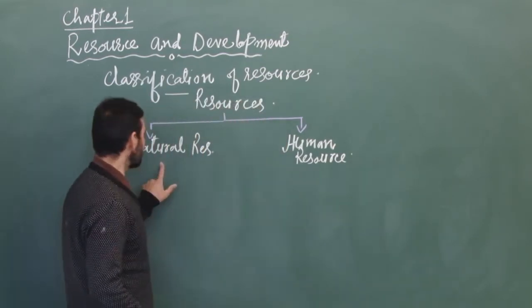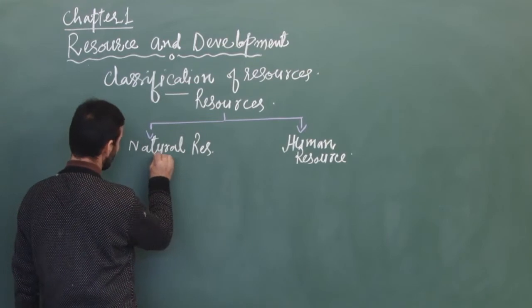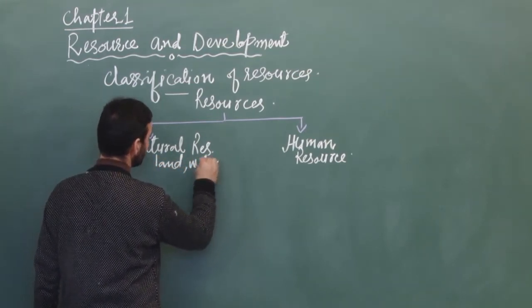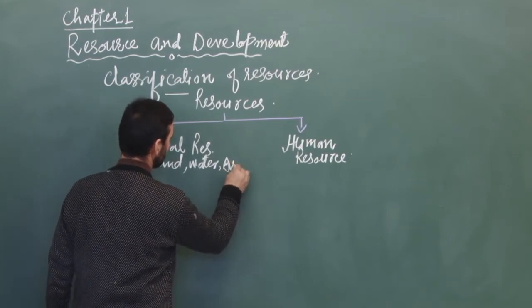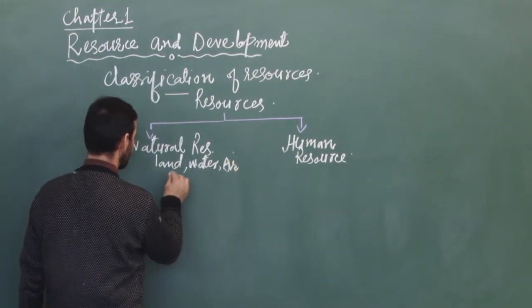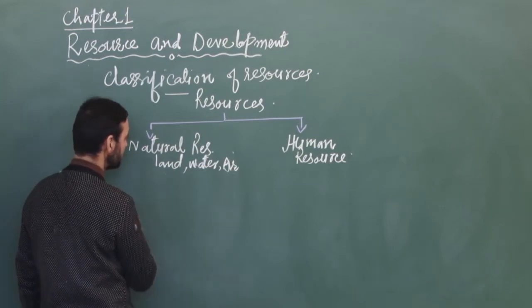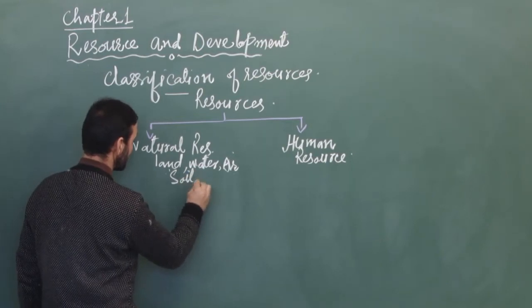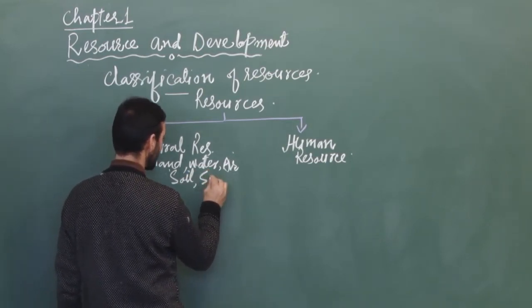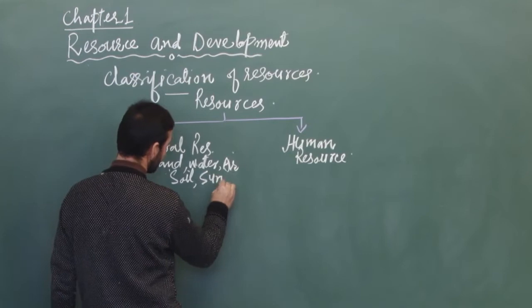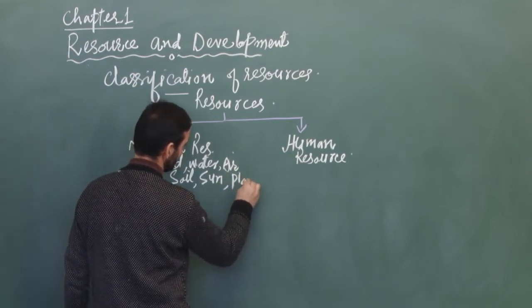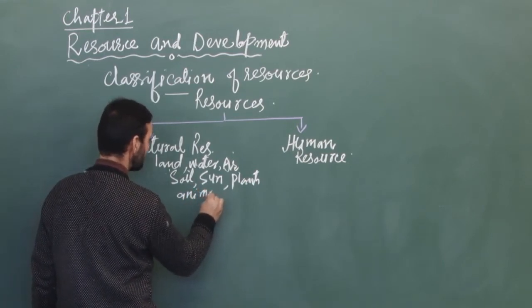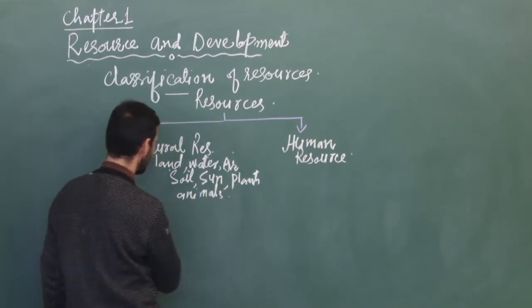Natural resources, example, land, water, air, soil, sun or solar energy, plants, animals. These are all natural resources.